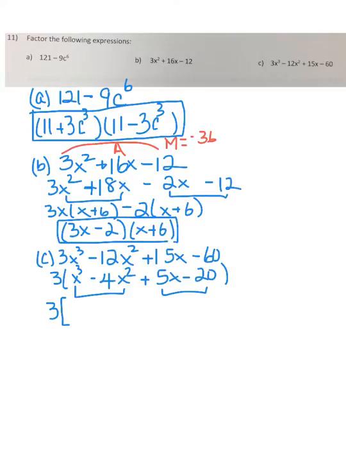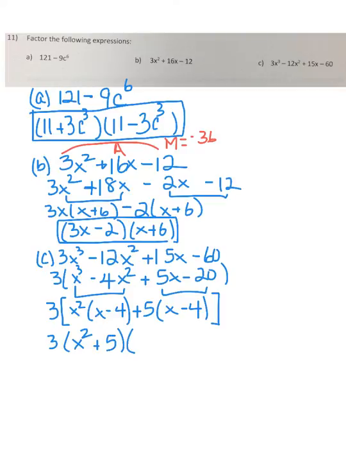So my first 2, I can take out an x squared, and I see then that I'm left with x minus 4. And then my second group of 2, I can take out a 5, and I can see I'm left with x minus 4. So then I'm going to have 3 times x squared plus 5 and x minus 4. And there you go.